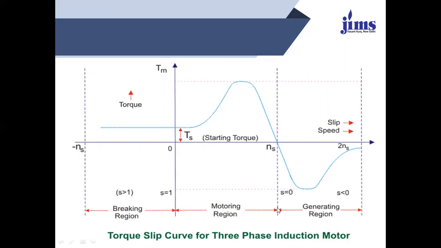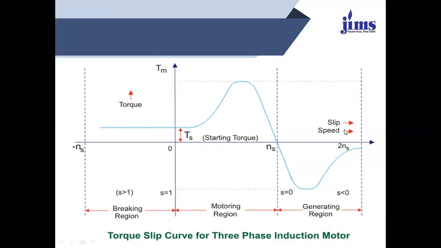From 1 to 0, it will be called the motoring region, and from 0 to minus 1, it will be called the generating region. So the values are s equal to 1, 0, and minus 1. So the braking region, motoring region, and generating region will be there.